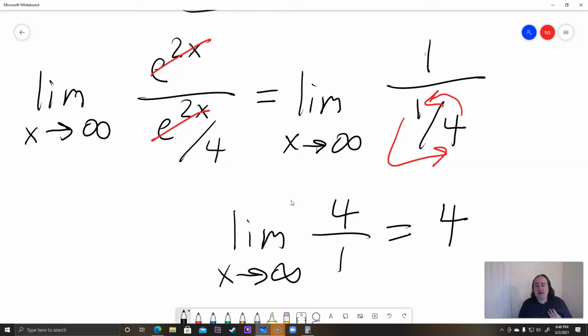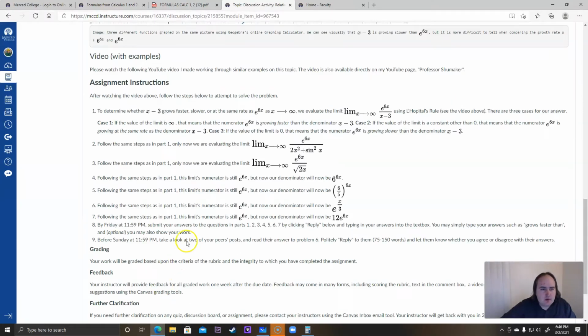Okay, and this was the third case that we haven't seen yet. So looking back at the discussion board, in the first case we said if the limit is infinity, the numerator is growing faster than the denominator. And then if the limit is 0, that means the numerator is growing slower than the denominator. But then the third case, which is actually case 2 if you look at the cases written on the discussion board description, is if the value of the limit is a constant other than 0, that means the numerator is growing at the same rate as the denominator.